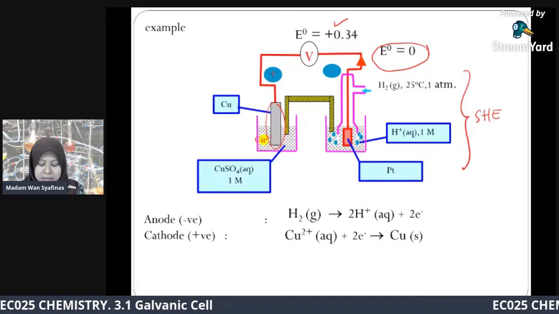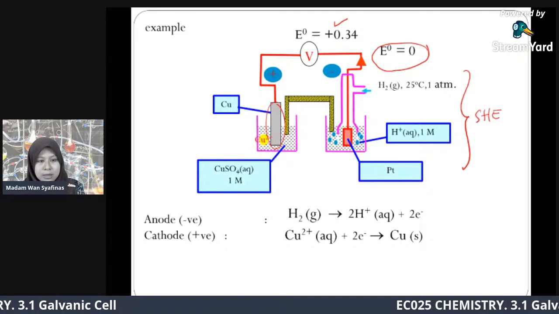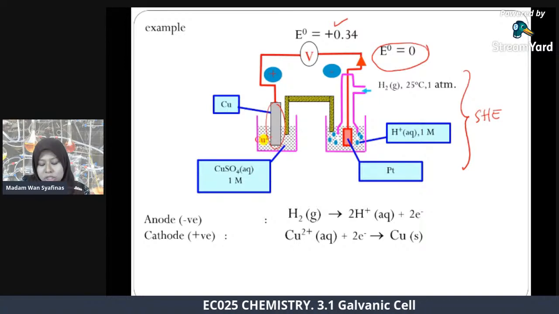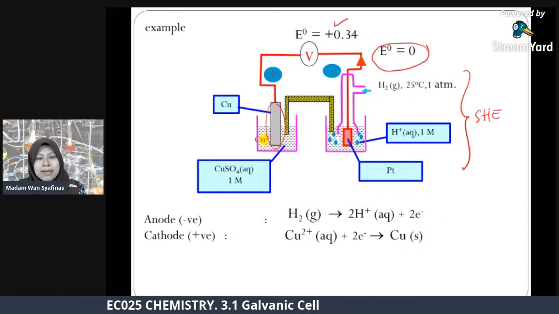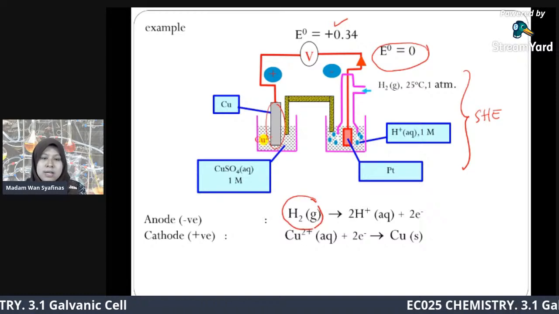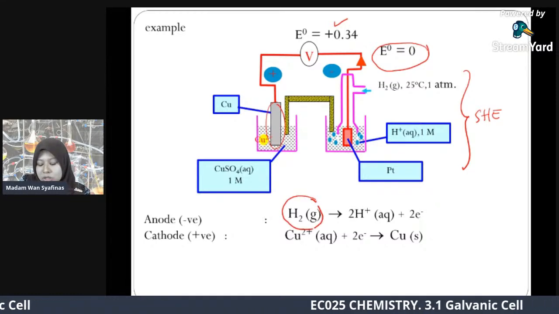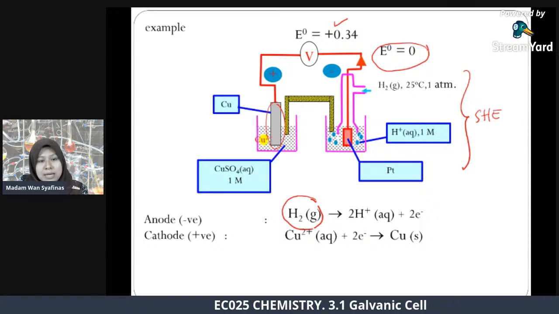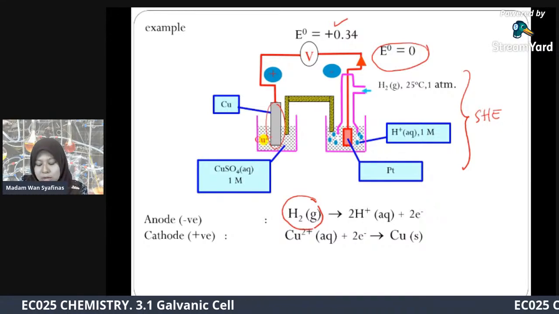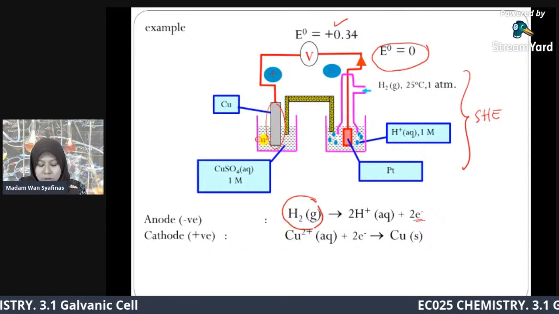So bila dia bertindak sebagai anode, so dia akan undergo oxidation reaction. So bila undergo oxidation, so hydrogen gas, so dia akan release electron. Sebab SHE ni kita akan melibatkan H, hydrogen. So jadi, so bila dia release electron, so dia akan produce H plus aqueous ion. So balancekan equation tu siap-siap sebab H2, so kamu akan dapat 2H plus 2 electron.